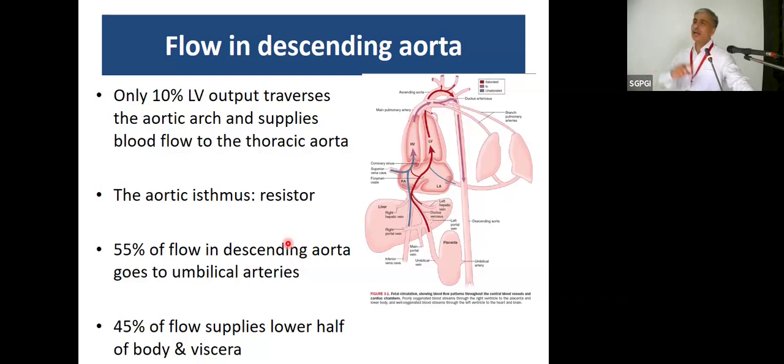It takes the RV blood mixed with the LV blood, but this is beyond the isthmus. So the blood which is moving down is deoxygenated, and it has to get oxygenated, and that is the reason most of the blood from the descending aorta gets into the umbilical artery and then to the placenta for oxygenation, and the rest perfuses the lower part of the body. So the lower part of the body is perfused by a relatively less oxygenated blood. Correct.